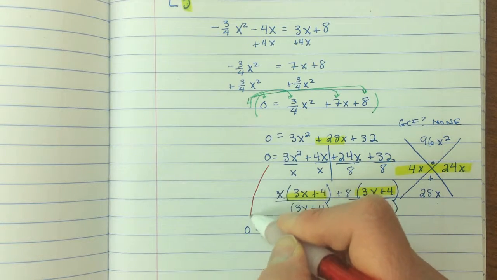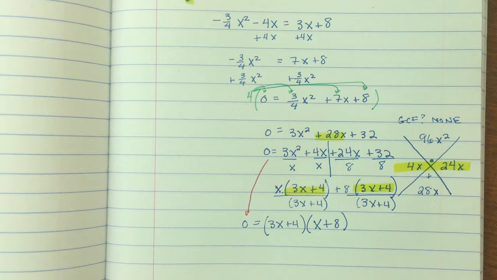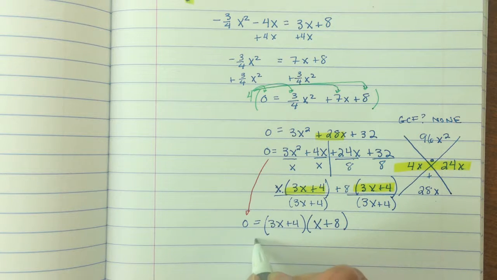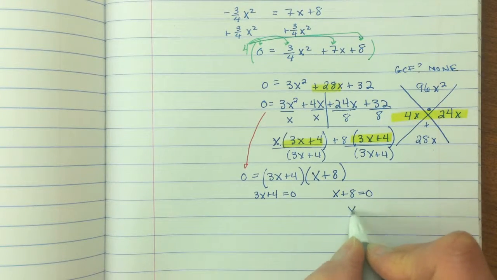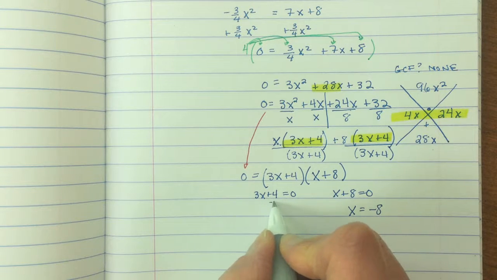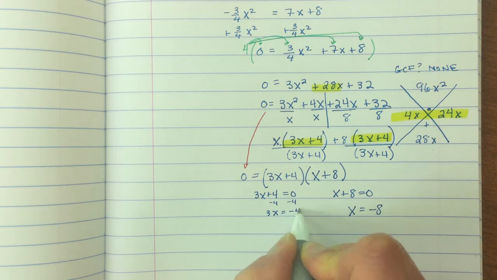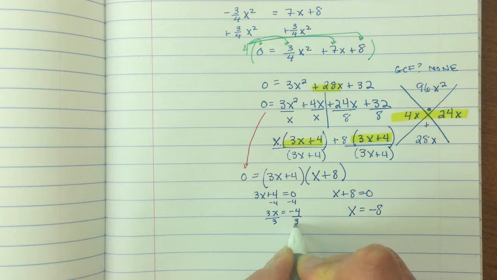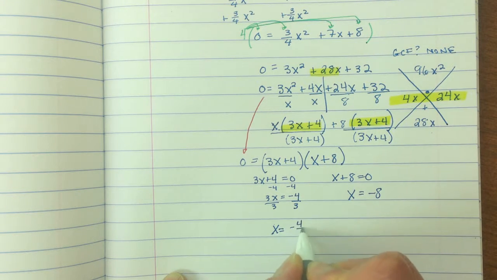Well, that's what I started with right here, so I just bring that down. Now I'm going to set each of my factors equal to 0: 3x plus 4 equal to 0, and x plus 8 equal to 0. This one's pretty straightforward, so x is going to be negative 8. And here, if I subtract 4 from both sides, I have 3x equals negative 4, and I divide both sides by 3 and get x is negative 4/3.